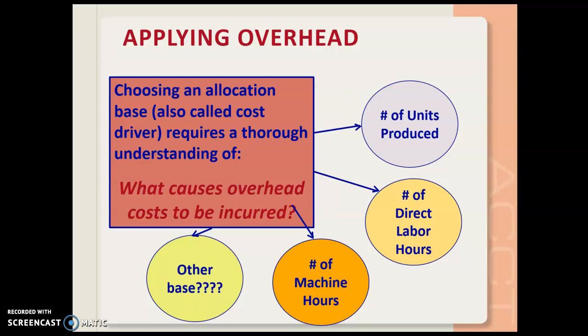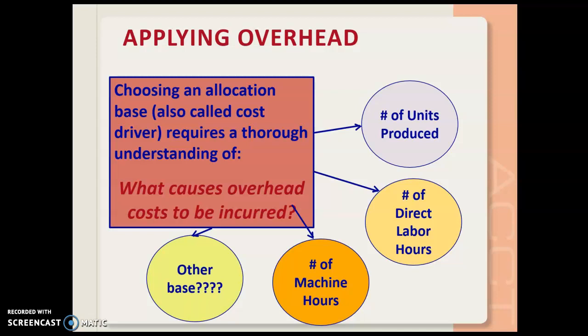So if it's a company where what they're producing takes a lot of direct labor hours to make those products, then they might want to use direct labor hours or direct labor cost as their cost driver.